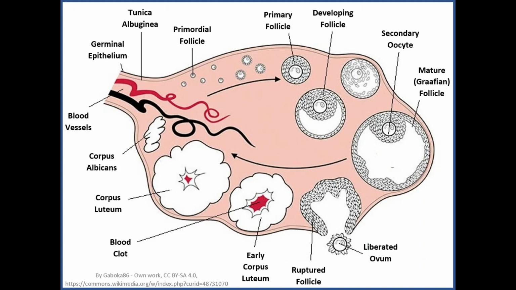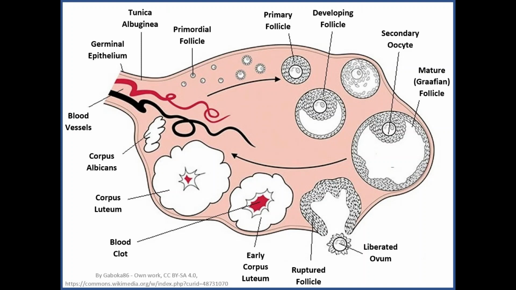So in the ovary of the fetus, there are diploid cells called oogonia. These diploid cells undergo mitosis and form two cells, the oogonium and a primary oocyte.